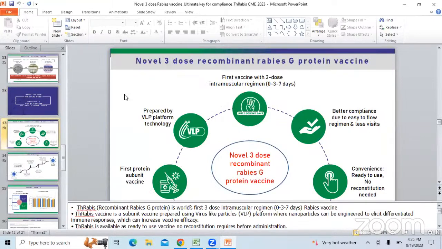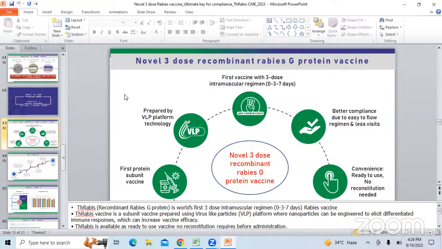So why is the newer vaccine better compared to the WHO recommended 5-dose vaccine? This novel 3-dose recombinant rabies G vaccine is developed from virus-like particle technology. It is the first protein subunit vaccine prepared by the VLP platform technology, and the first vaccine with a 3-dose intramuscular regimen.